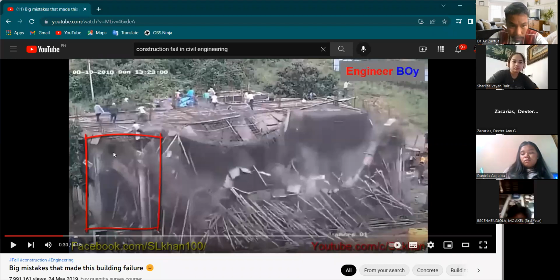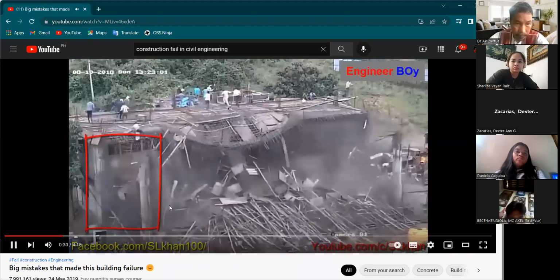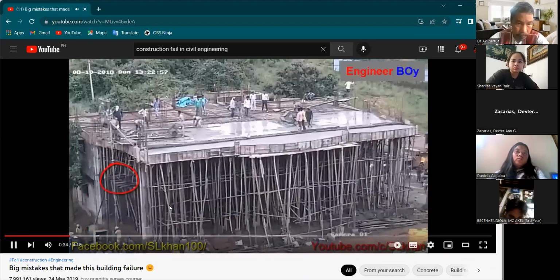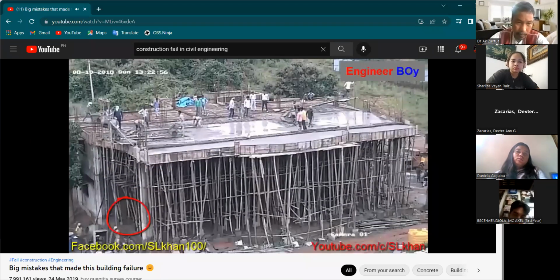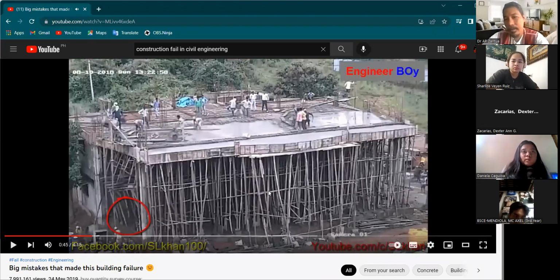Okay. So take a look at the square red indication here at the left side of your screen. What happened? Take note of that red circle. So the formwork moves.